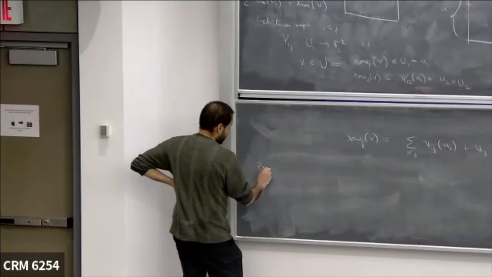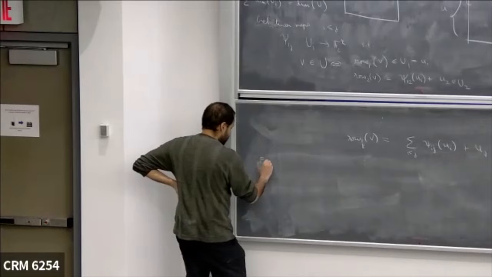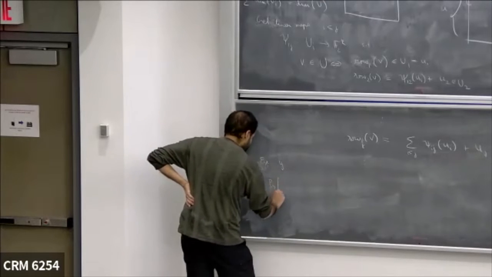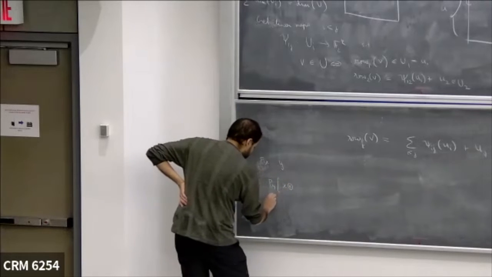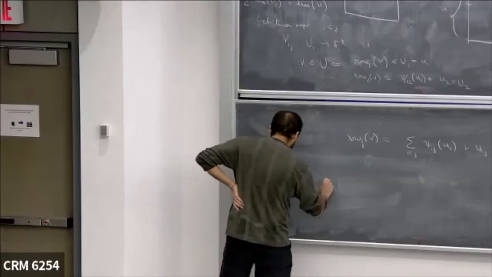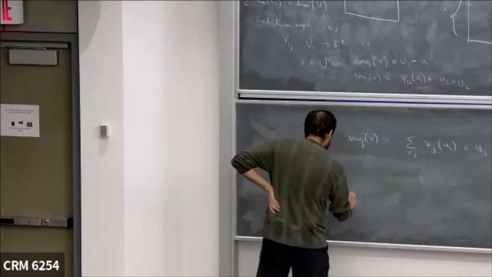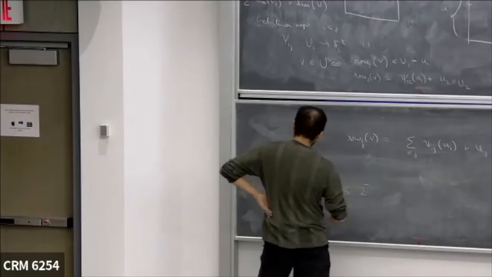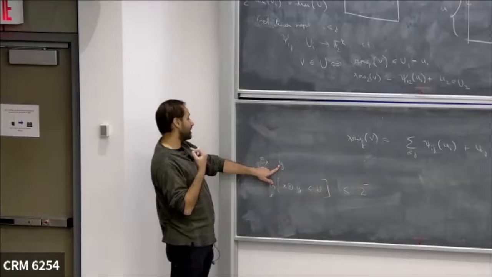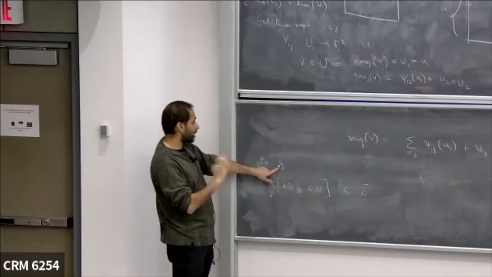fix y, then the probability, and this is a probability only over the random choice of x, that x tensor y lies inside U is at most 2 to the minus, where you get a half dampening for every j where y does not lie in uj.